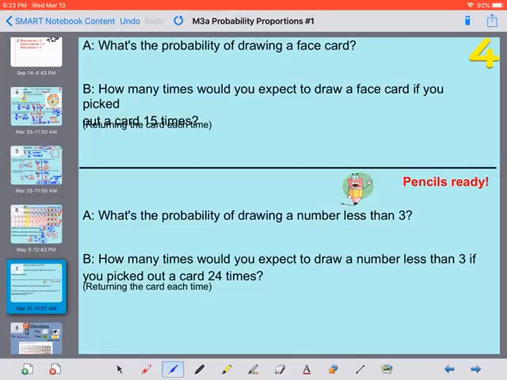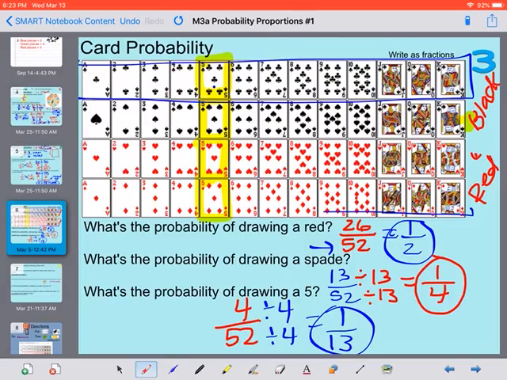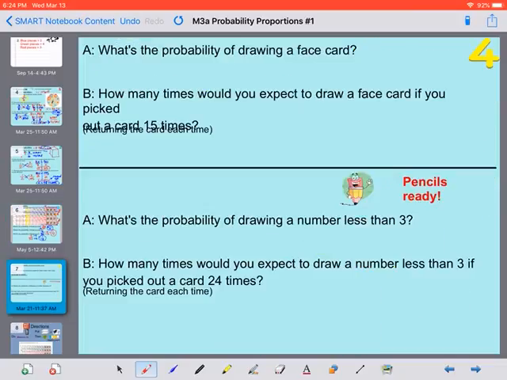So let's use that information a little bit more. Next it says, what's the probability of drawing a face card? A face card is a jack, queen, or a king. There are 3 in each suit, and 4 suits. 3 times 4 is 12, or you can count them up. So there's 12 out of 52, and we can simplify. I'm going to divide by 2.